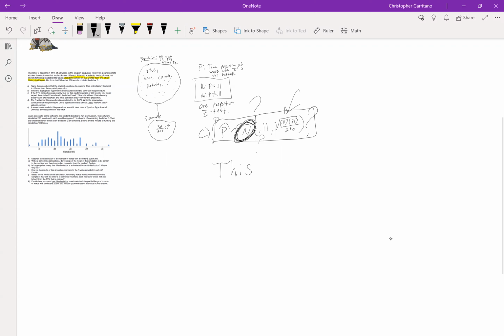describe why these values are important. These values are important because they are referring to the number of successes and the number of failures.